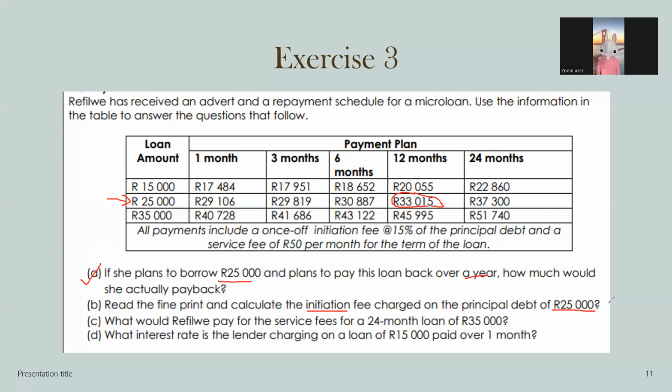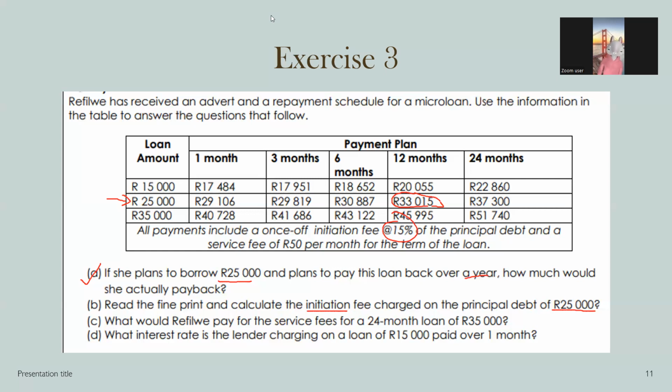On the calculator, 15% is your initiation fee, so divide by 100 and multiply by 25,000.